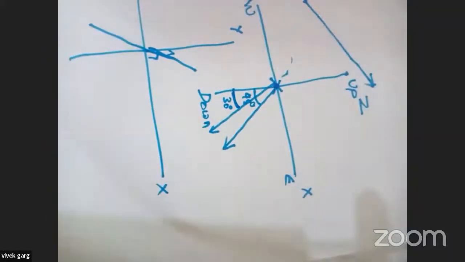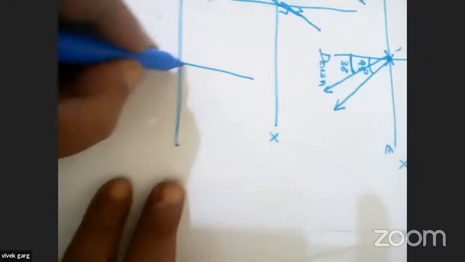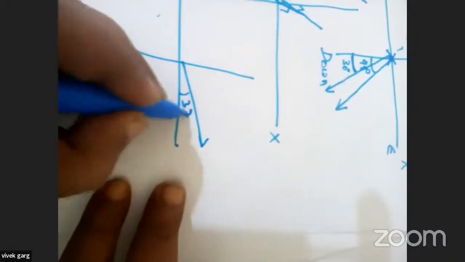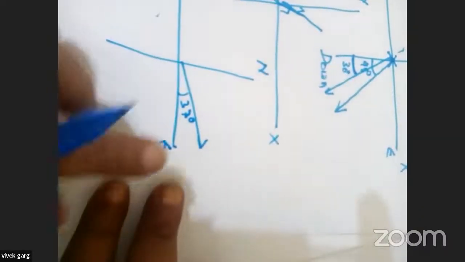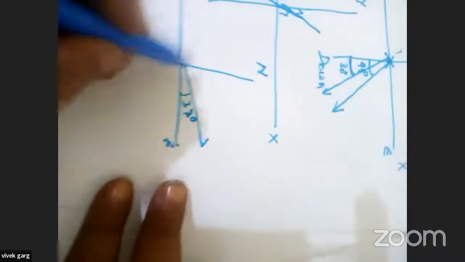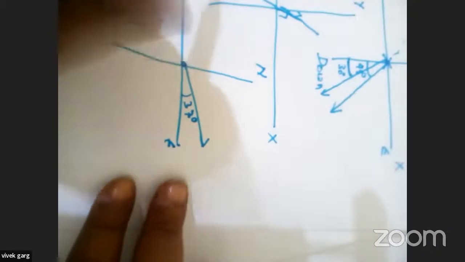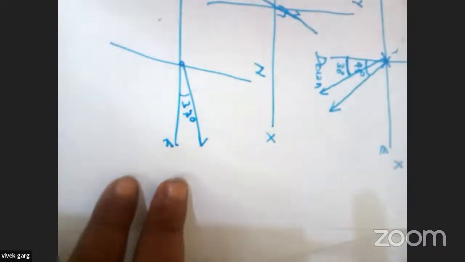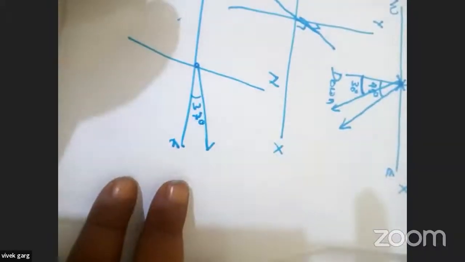So we need to understand this a lot. Say I say 37 degrees, east, north this time. So this time it's not xz, it's xy. If this is east, this is north, then where is up? Up is out of the paper, a dot. Down is inside the paper. So 37 degrees is 37 degrees north of east.